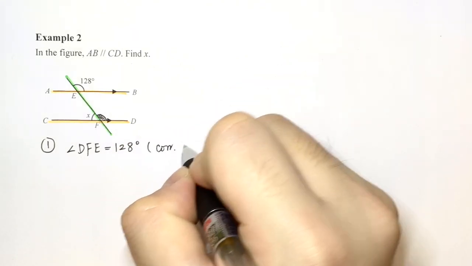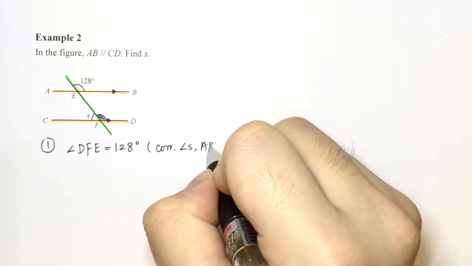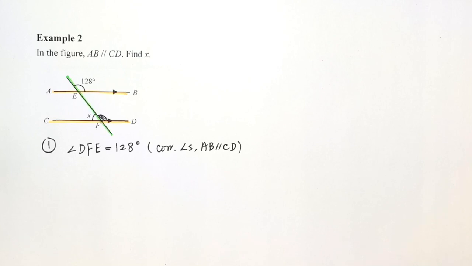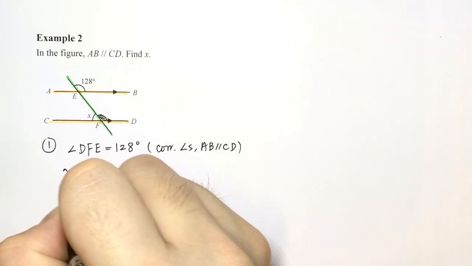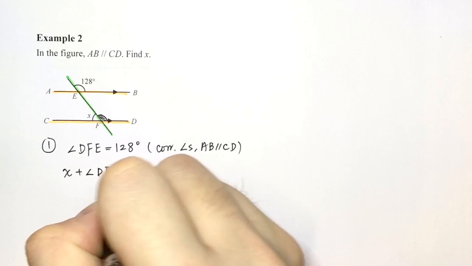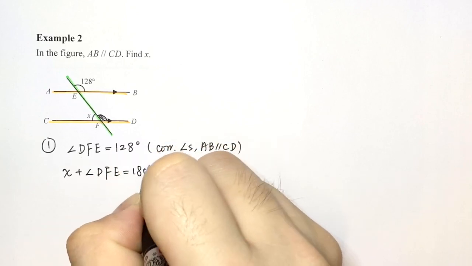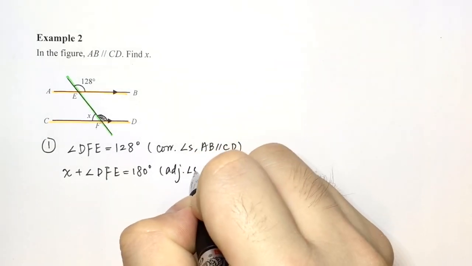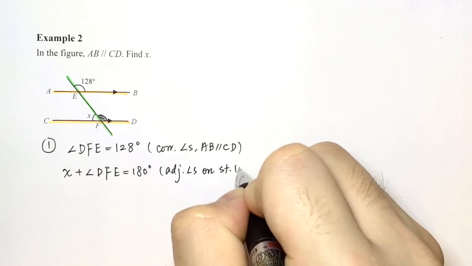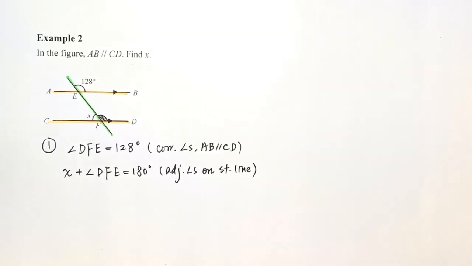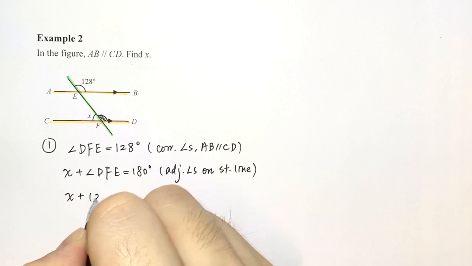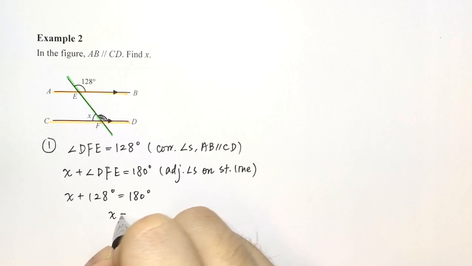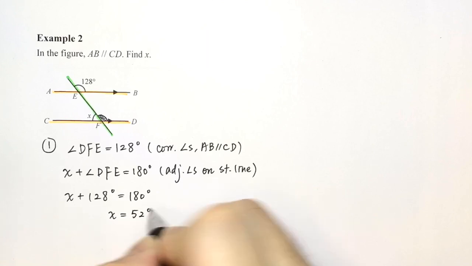Because we have corresponding angles with AB parallel CD, and the x together with this angle DFE is 180 degrees. Why? Because adjacent angles on a straight line, and thus x plus 128 degrees equals 180 degrees, and finally x is 52 degrees.